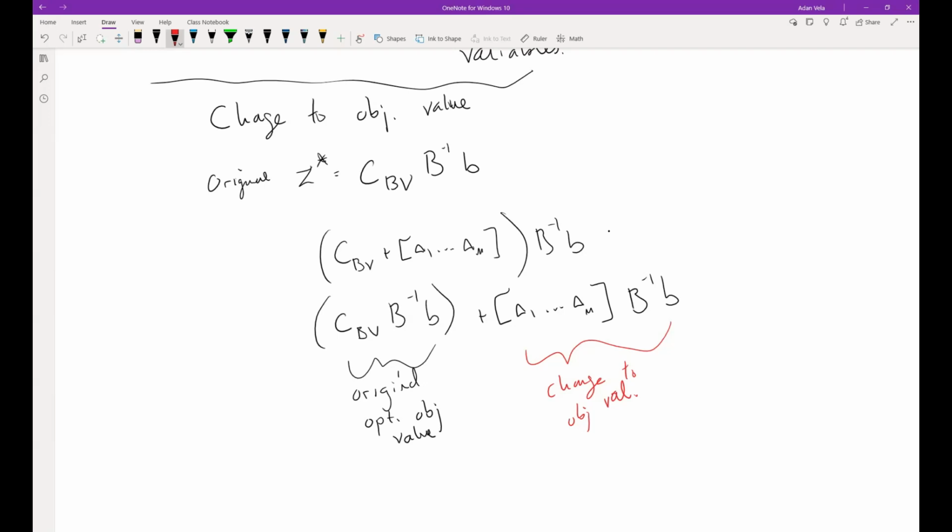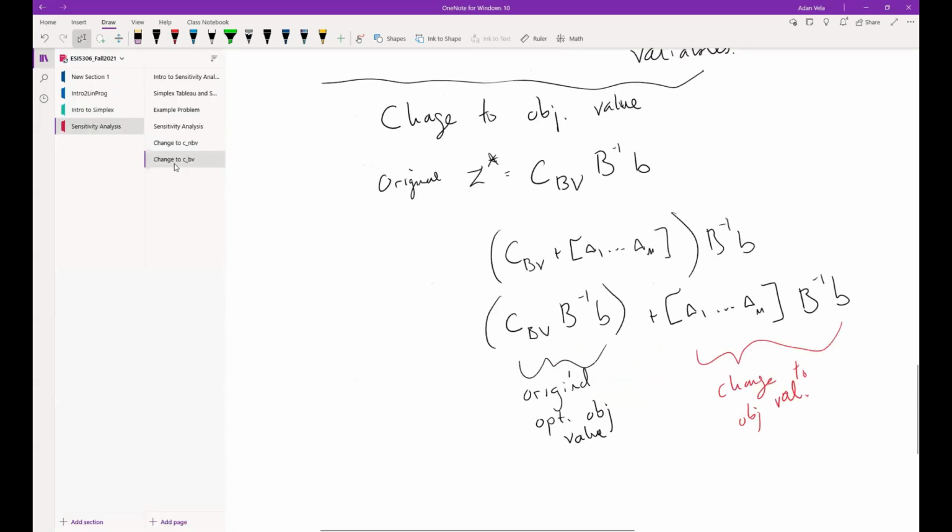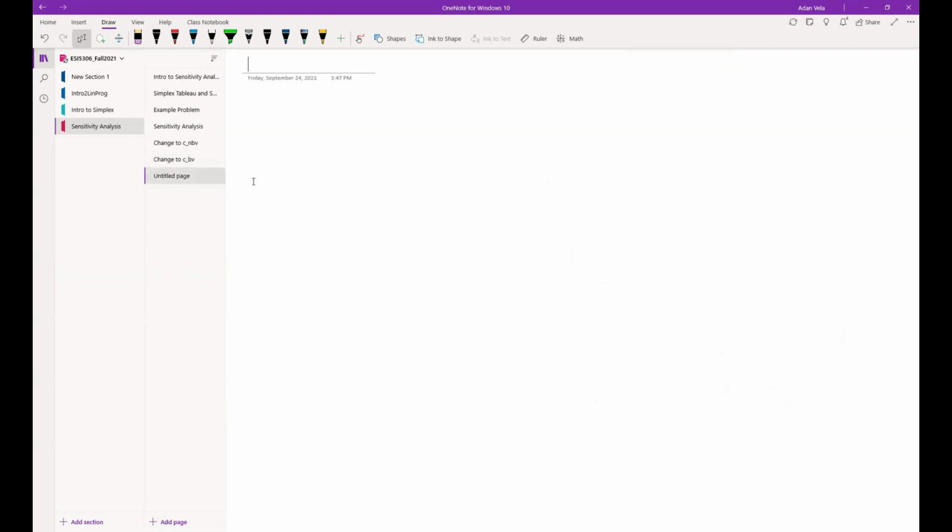Okay. So we figured out what happens when we have a change to our cost coefficient in the basic variables. Before that, we figured out what happens if we change our non-basic variables. The next question that we're going to ask is what happens if we change our right-hand side coefficient B. Okay.